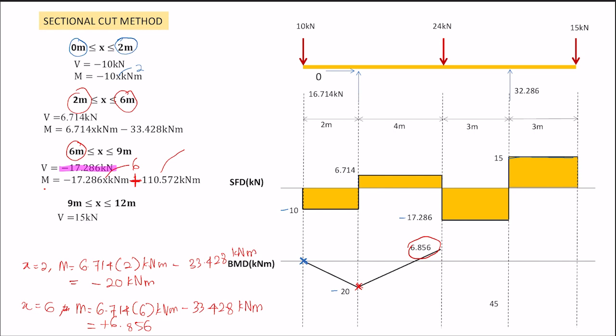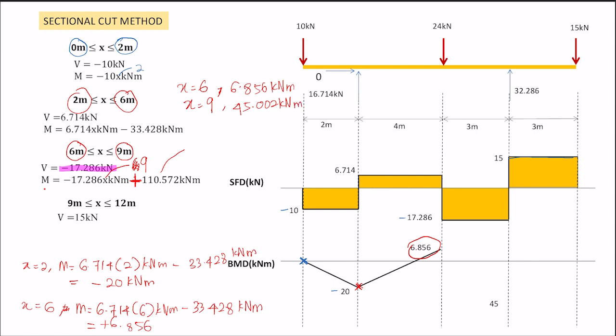For X equal to 6 meter. Okay, and do the same for X equal to 9 meter. Got 45. So, X equals 6 here I get 6.856 kilonewton meter. When X equals 9, I get M is 45.002 kilonewton meter.